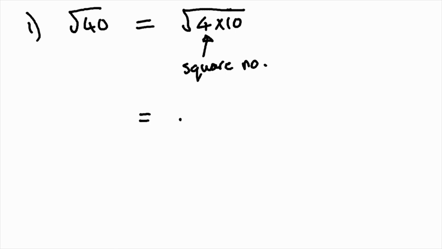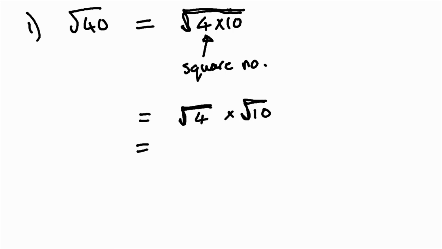So when we have this, we can split it up further. This is the same as saying root 4 times root 10. We've just split the single square root into two square roots, but we've got to remember it's still a multiplication.